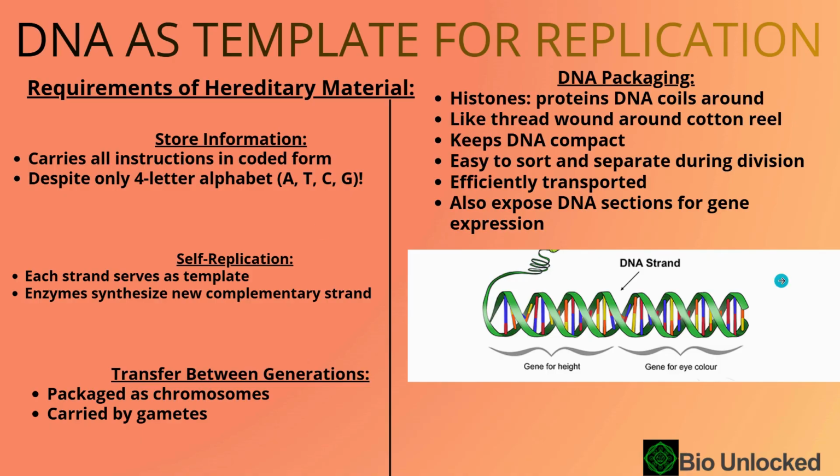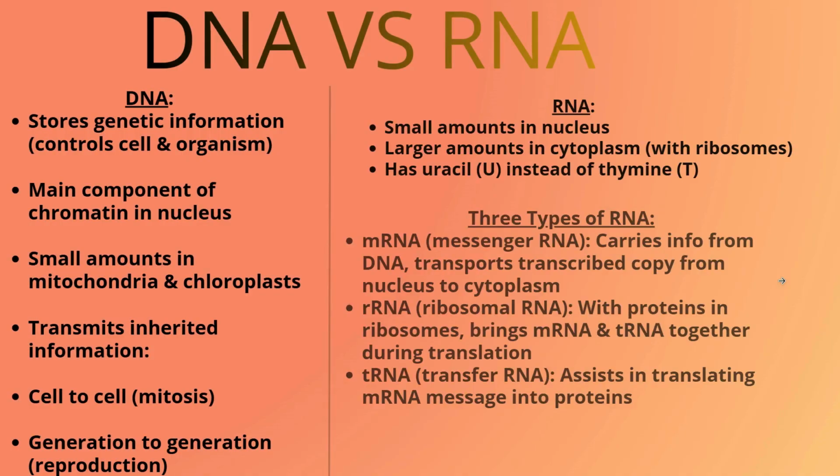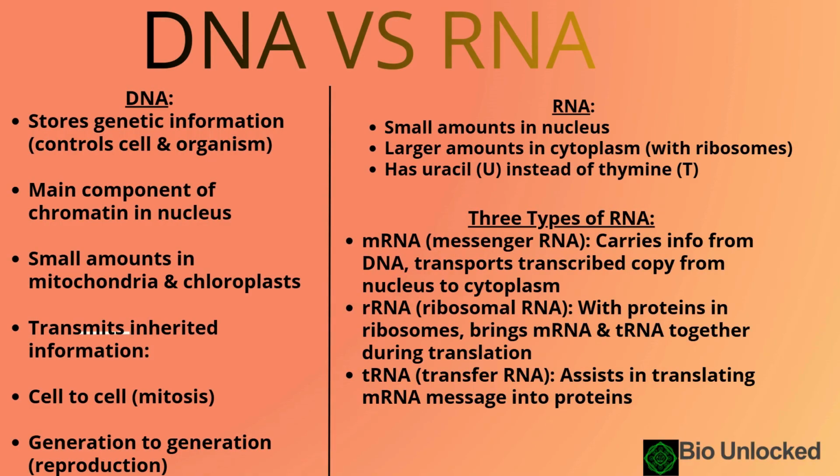Now let's have a look at what role RNA plays in this. Basically, DNA stores genetic information controlling the cell and the whole organism. DNA is the main chemical in chromatin in the nucleus, with small amounts in mitochondria and chloroplasts. DNA transmits inherited information from cell to cell during division and from generation to generation during reproduction.